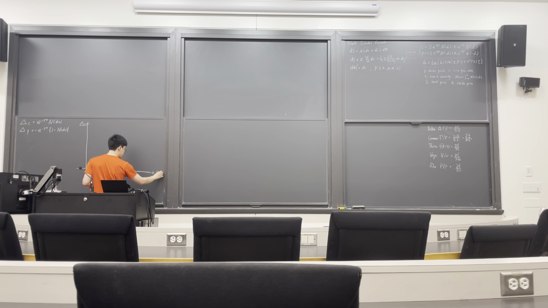This is the stock price pretty much. It's probably good to just say this is S, so there's less confusion. This is S, and here is K, the strike price.